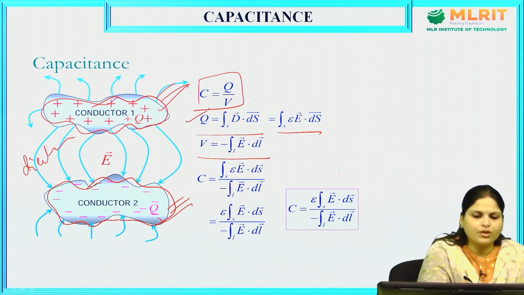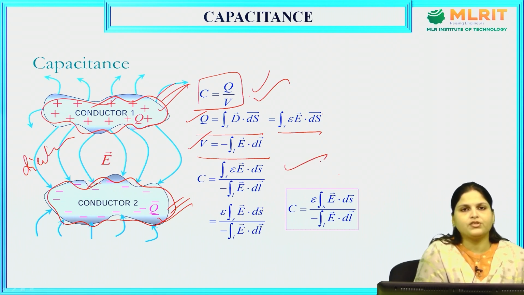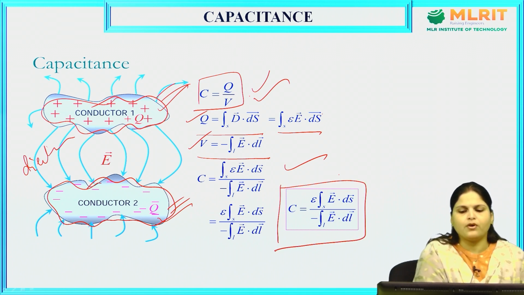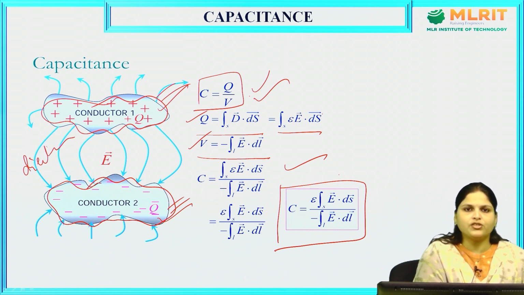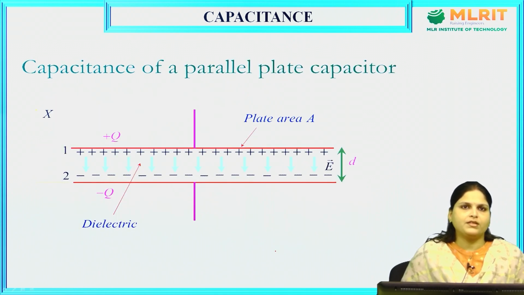Now we put Q and V into this formula, and this becomes C equals integration of epsilon E dS divided by minus integration of E dot dl. We rearrange it, and finally the formula for capacitance is epsilon integration of E dot dS upon minus integration of E dot dl. This is capacitance.